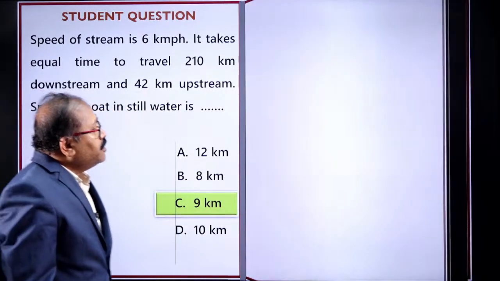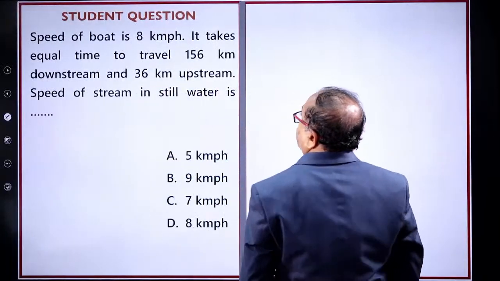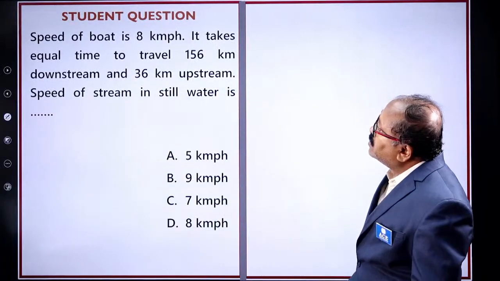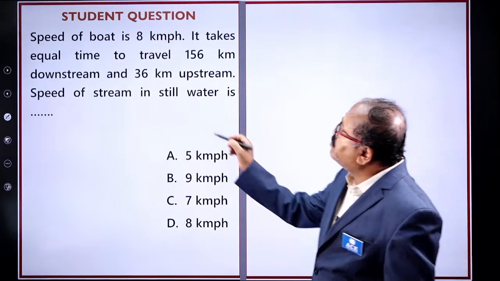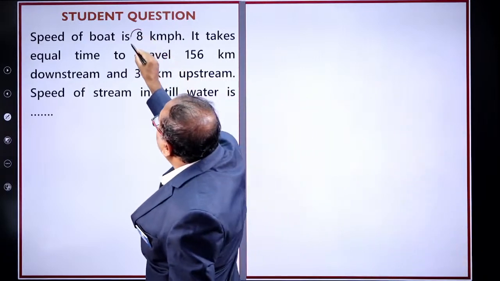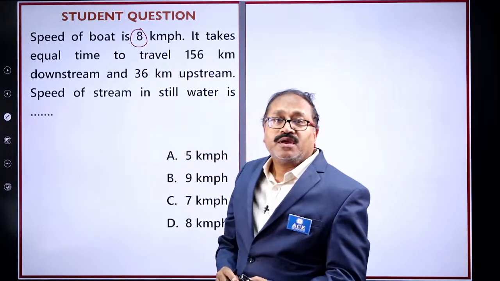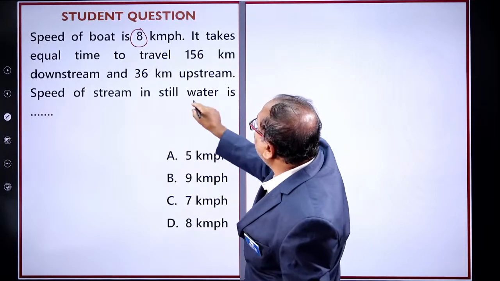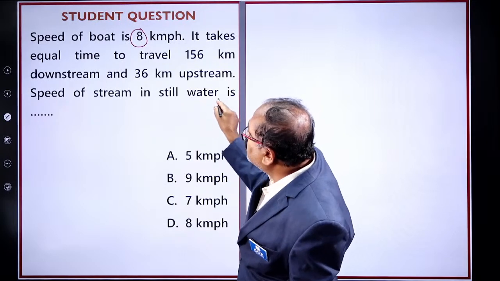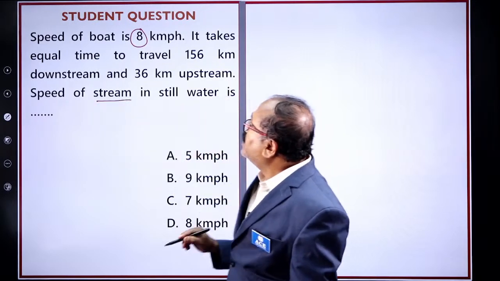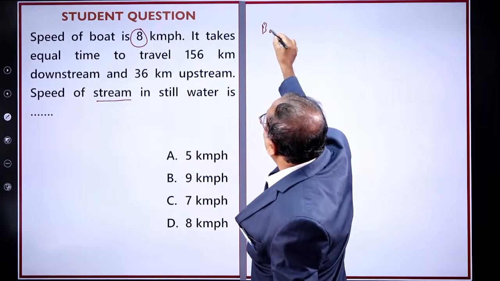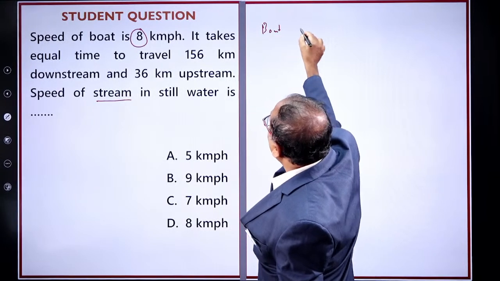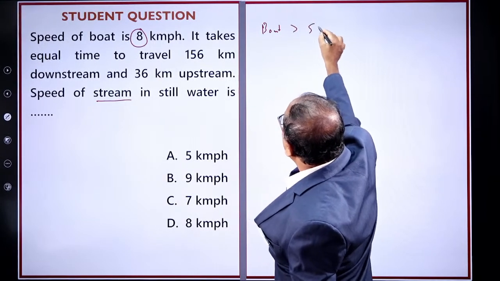Okay. Now I will take you to the next question. Here the speed of the boat is given, and I need to find out the speed of the stream. You should know that the speed of the boat is always greater than the speed of the stream.